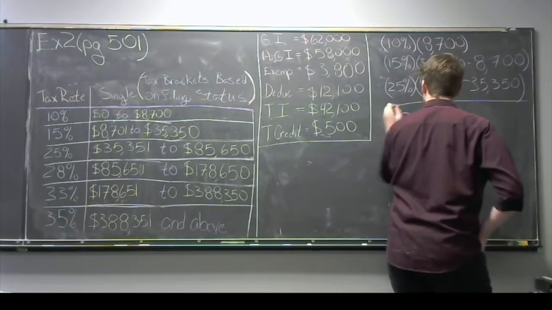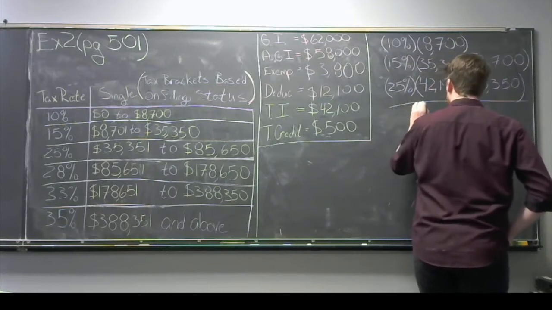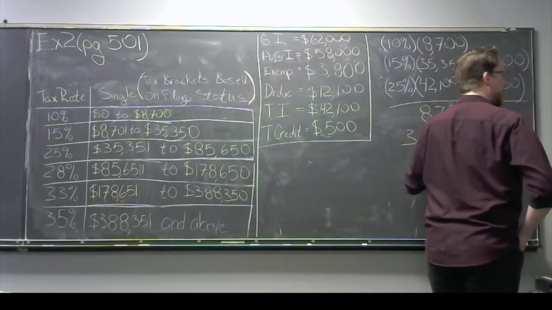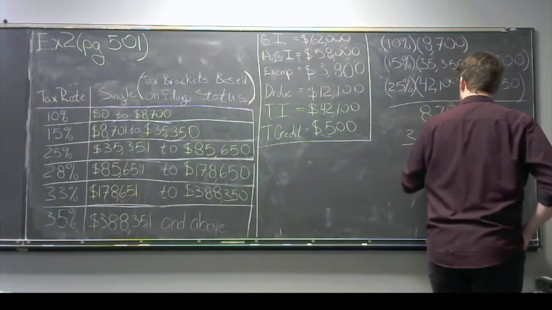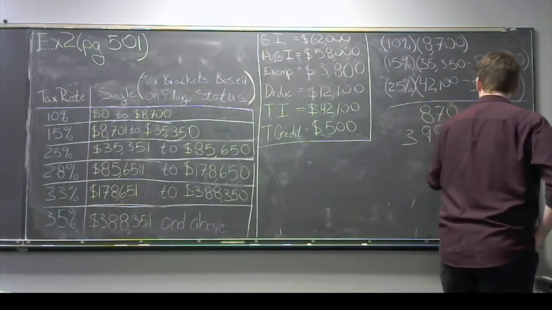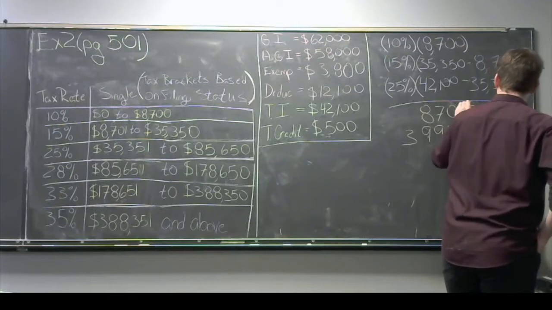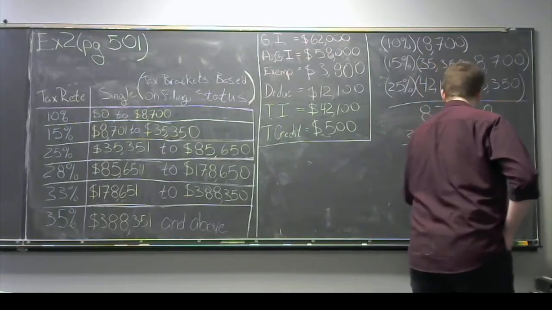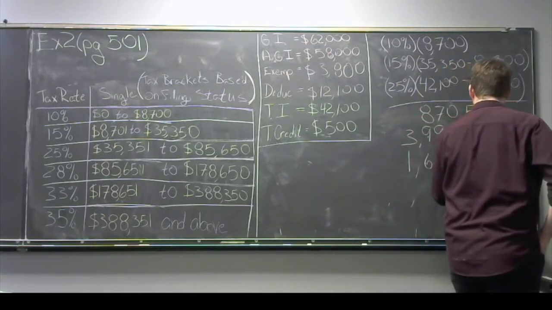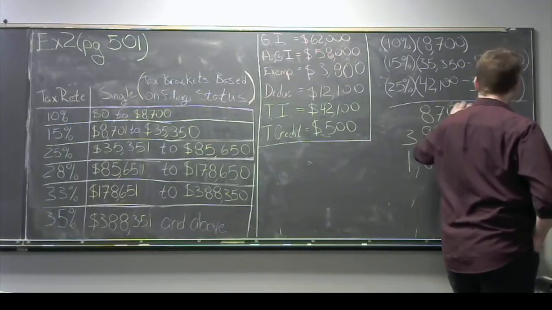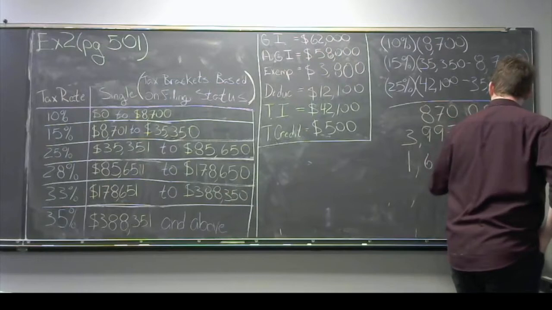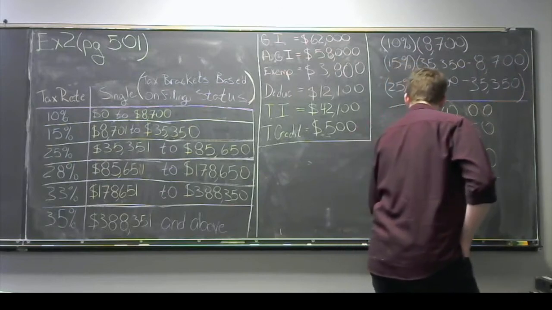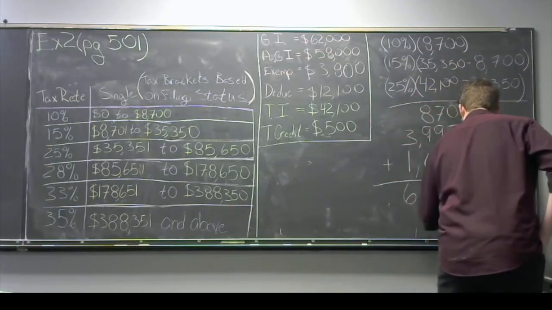Let me write it like this: $8,700, $3,997.50, and $1,687.50. Add all of this together. That's going to give us $6,555.